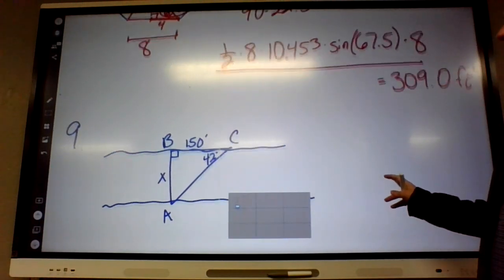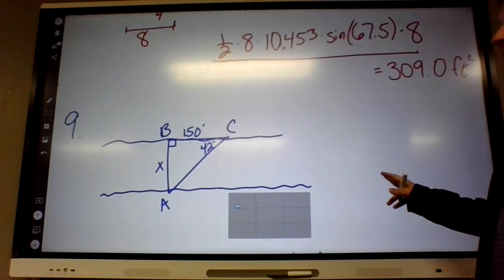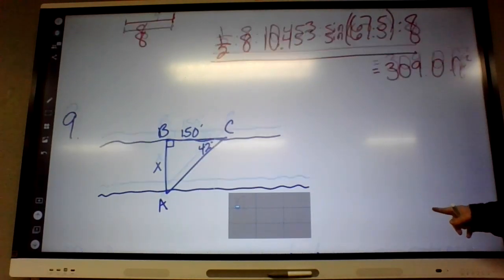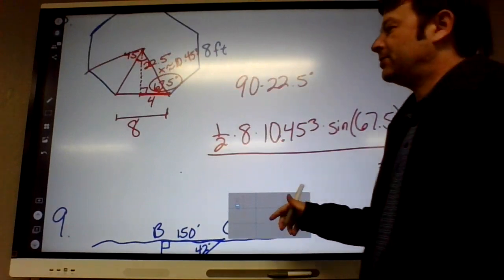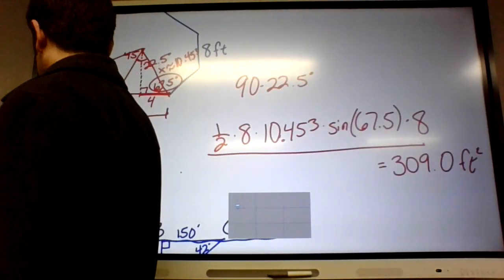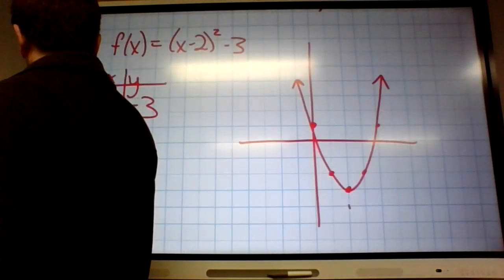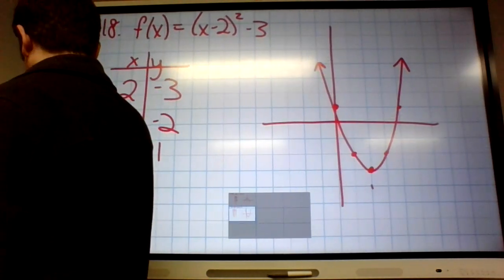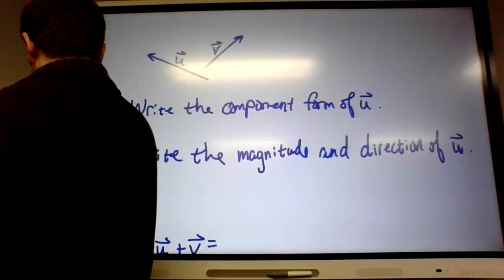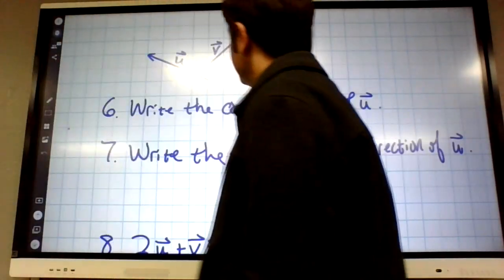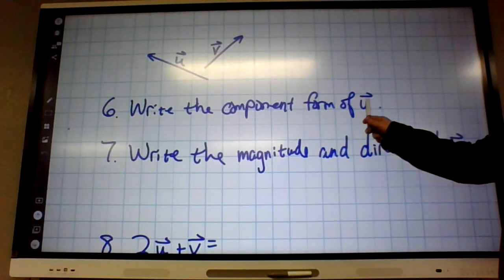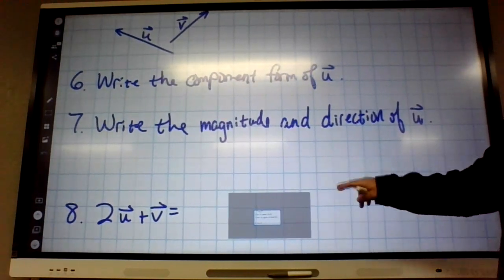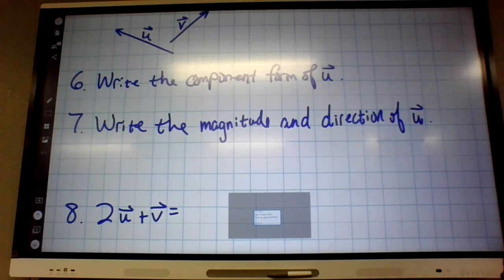Number 9 on the test is actually a word problem. Wait, we're on a timer? It was 5-9. Hold on, I need to go grab paper. There are graphs on the test. I'm cooked. There it is. Okay, write the component form of vector u. That's what we're at. Can you pass out little graph sheets?